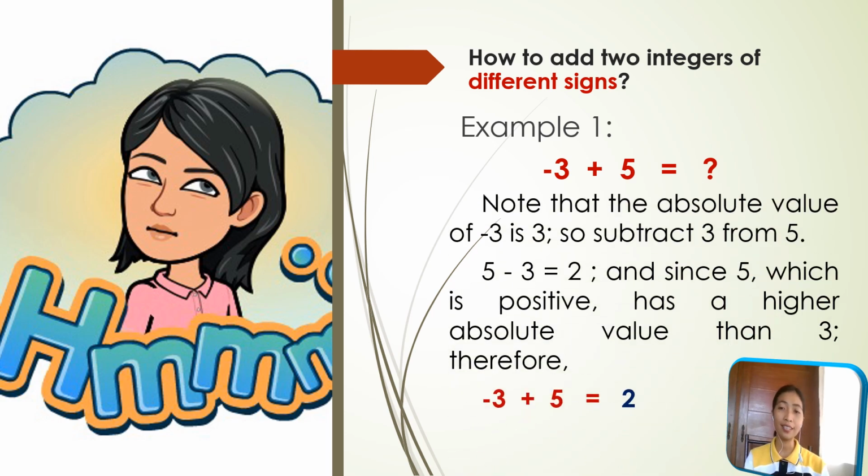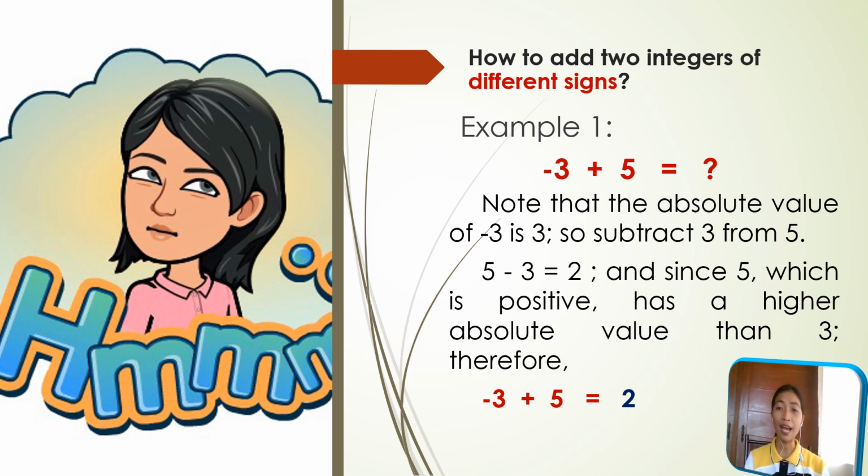Note that the absolute value of negative 3 is 3. So, subtract 3 from 5. So, we will have 5 minus 3, and we are going to have 2.